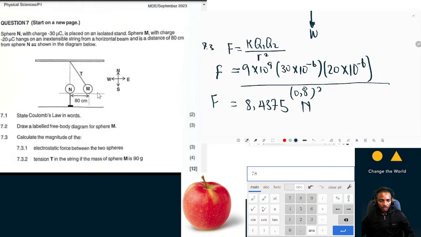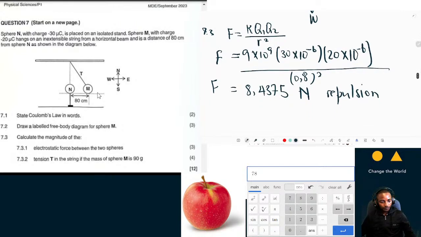Okay. Repulsion. All right. Then 7.3.2. So that was 7.3.1.